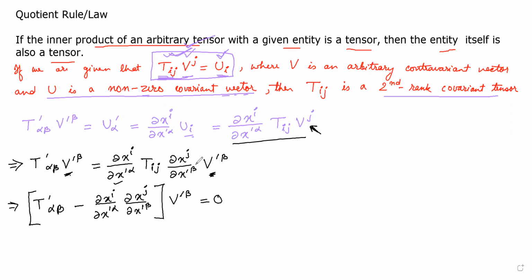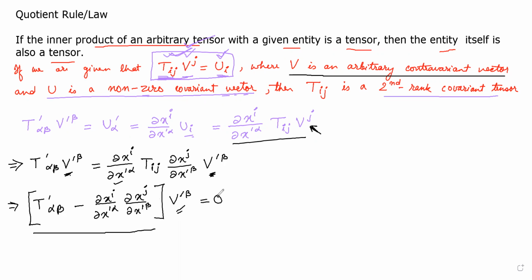Now you look at the given condition here. The given condition is that V is an arbitrary contravariant vector. So here V prime beta, these are the components of an arbitrary contravariant vector. Okay, so we are multiplying an object which is inside the bracket with an arbitrary contravariant vector, and then we are contracting over beta.